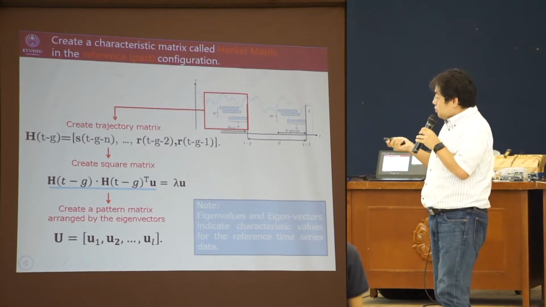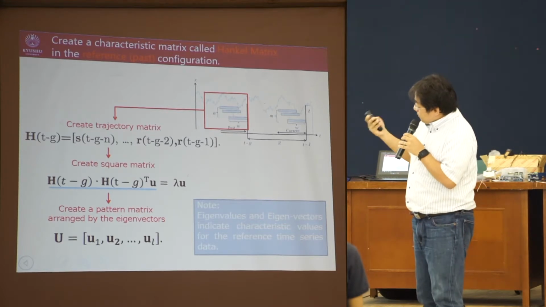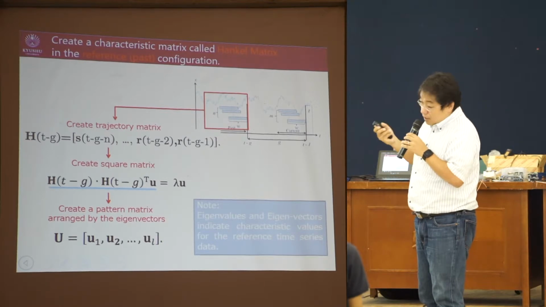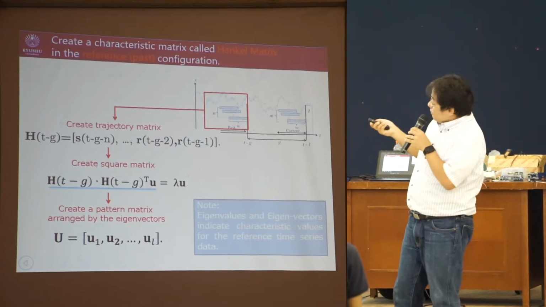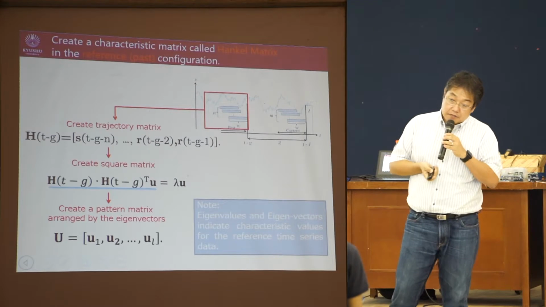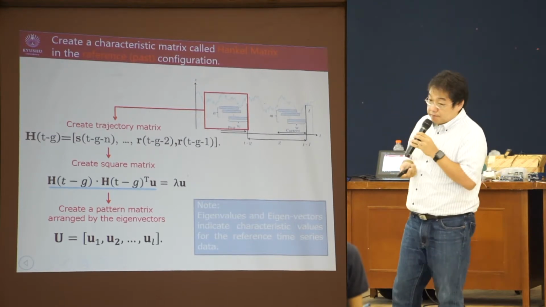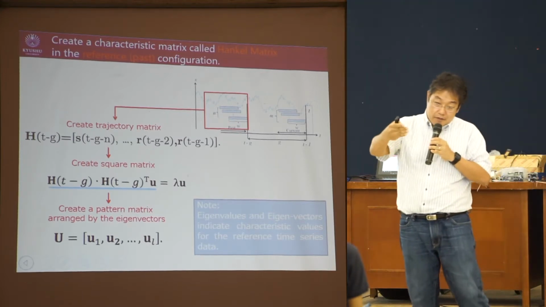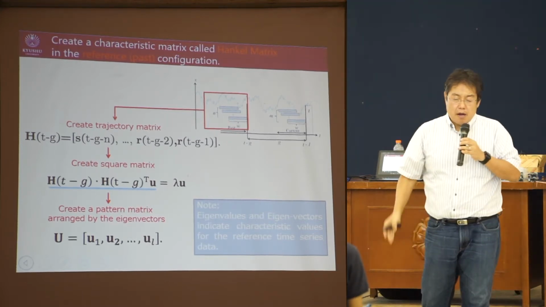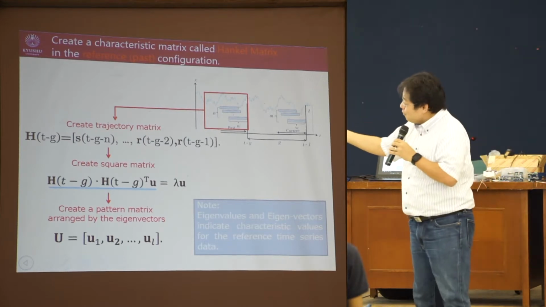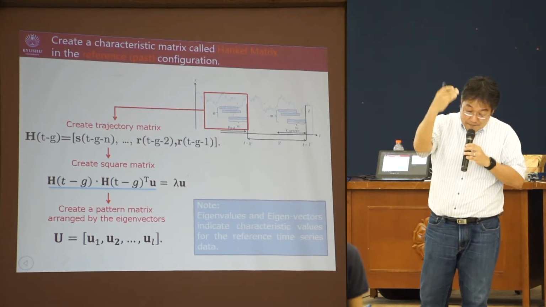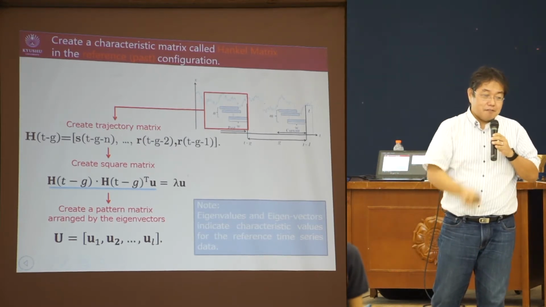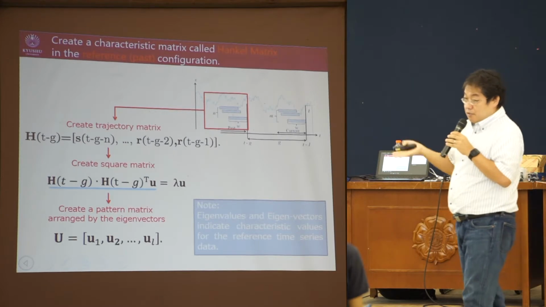So U, large U, is the pattern vectors, and the eigenvalue is a profile of this vector time series data. So U1 is the eigenvector for the maximum eigenvalue. The second is the next one.